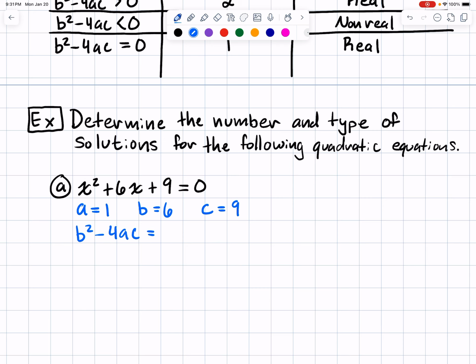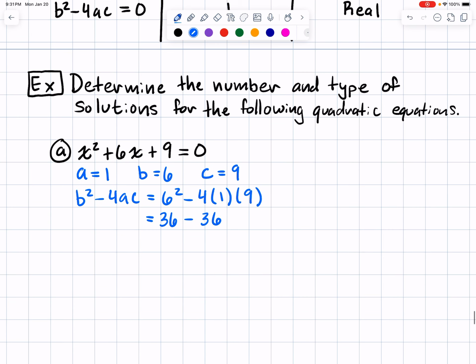So that's going to be 6 squared minus 4 times 1 times 9. All right. 6 squared is 36, minus 4 times 9 is also 36. 36 minus 36 is 0.